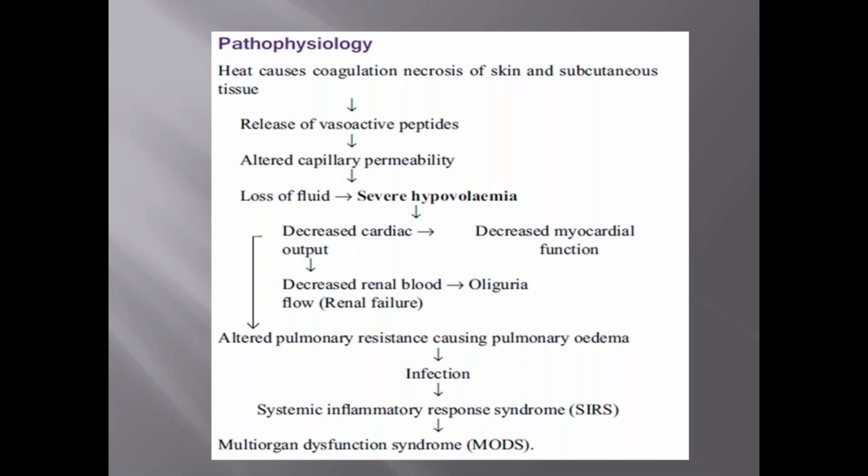This decreased cardiac output leads to decreased renal blood flow due to renin-angiotensin activation, which leads to oliguria. And with decreased cardiac output, there will be altered pulmonary resistance causing pulmonary edema, which is more prone to infection. Next, SIRS will be developing. Finally, it brings to multi-organ dysfunction syndrome.